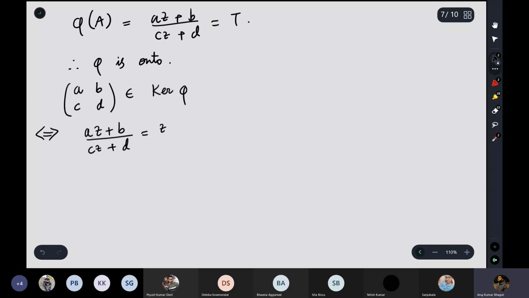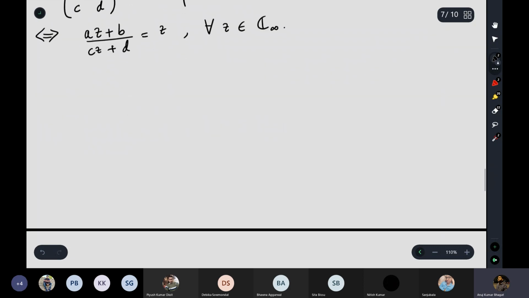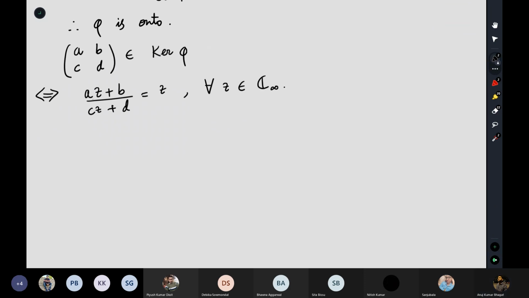So is this line clear? You can write C or C infinity basically, because you can extend the definition of Mobius. Is this definition clear? Yes, sir.